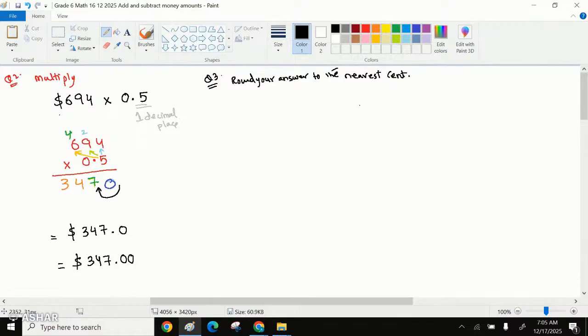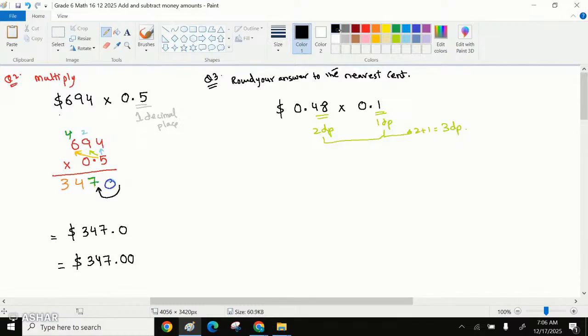We need to round off our answer. The question says that $0.48 is multiplied by 0.1. Okay, so let's count the decimal places. We have two decimal places over here, and we have one decimal place over here. The total number of decimal places would be 2 plus 1. That is, the total is 3 decimal places, right?